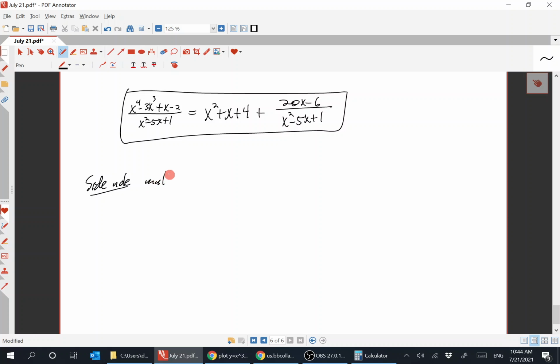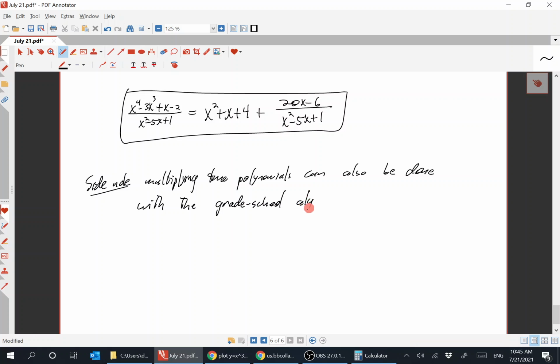So multiplying polynomials can also be done with the grade school algorithm.